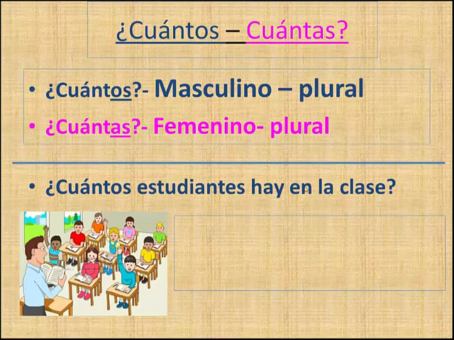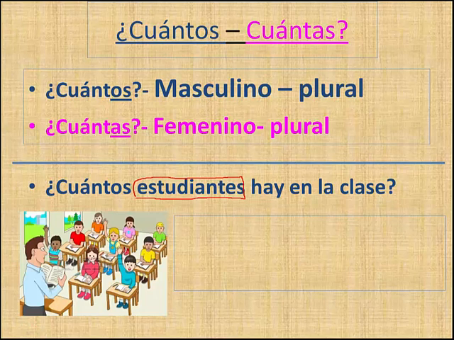¿Cuántos estudiantes hay en la clase? And now let's look at the word estudiante. In estudiantes, we know that el estudiante is masculino and la estudiante is femenino. Okay? So in Spanish, when we are referring to a group of individuals and there's at least one masculine individual in it, then we use the masculine form of the noun to refer to the entire group.